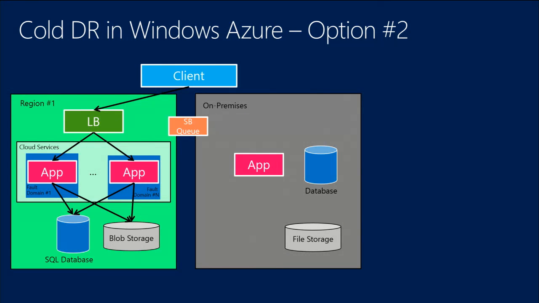But we leverage Service Bus. So every time the application writes into the database, we change it. And since we are using the repository pattern, we change it to say, write it in the database and drop a message in this queue. What this will do is change my main database, which is on-premise.